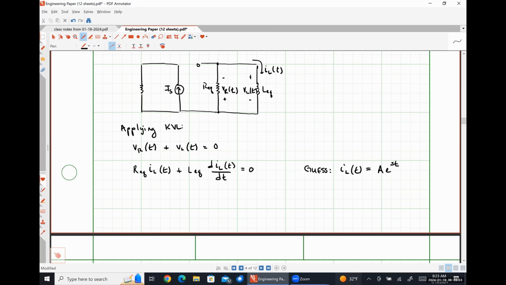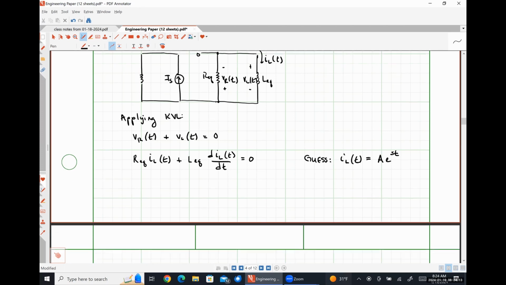Okay? So we're making a guess on what form our inductor current must have during the transient condition, based on the fact that the math tells us we need something that has a derivative so that when I add the function and its derivative together, it might come out to be 0. That's purely how we're doing this, okay?